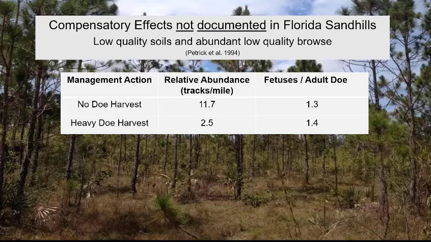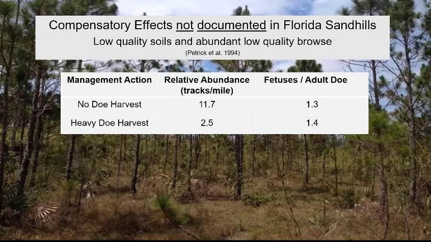So essentially, in this type of low quality soil with abundant low quality browse, you decrease the density, the number of does on the property. You won't necessarily increase the reproductive success of those does, and all you will have is fewer deer and not better quality deer. That can be a real problem, and a wildlife biologist will understand the relationship and the habitat potential for an area and know when and where density dependence can be expected to respond and have increased reproduction and decreased mortality.